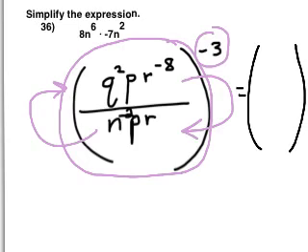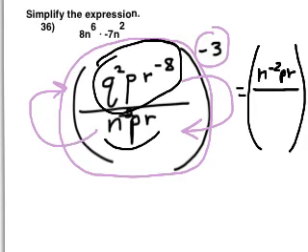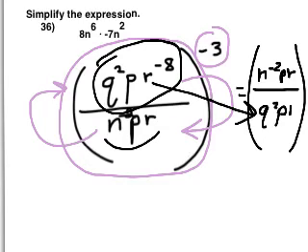Just put this bottom part on top, just the way it is, -2 PR, and the top part, put on the bottom, just the way it is: Q to the second power PR to the -8th. And that whole thing is now to the +3 power.